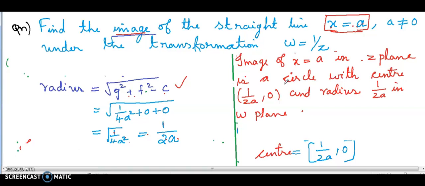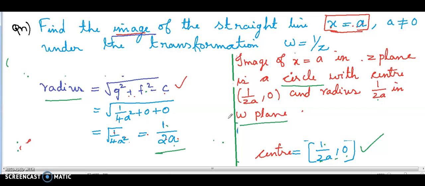The final equation is a circle, right? We derived a circle. And the center is 1 by 2a comma 0, and the radius of the circle is 1 by 2a in the w plane. So we write the conclusion like this: the image of x equal to a in the z plane is a circle with center 1 by 2a comma 0 and radius 1 by 2a in the w plane.